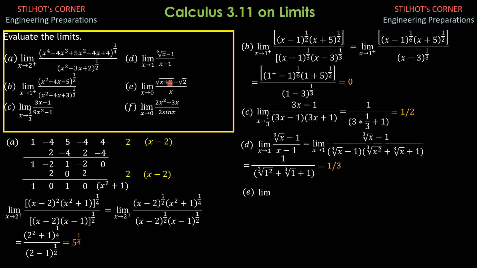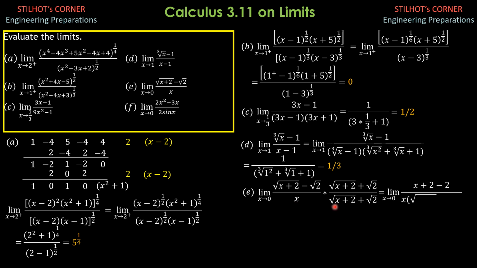So we multiply and divide by the conjugate of the numerator, which is square root of x plus 2 plus square root of 2, over the same square root of x plus 2 plus square root of 2. So this is now x plus 2 minus 2, the numerator, and the denominator is x times quantity square root of x plus 2 plus square root of 2.